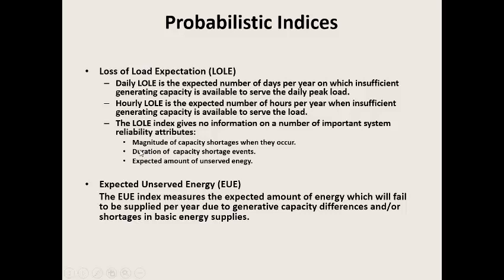They also do not give you an indication of the capacity shortage events' duration, that when they occur, what magnitude of duration they will have. And as a consequence, they do not provide you any expected unserved energy information.